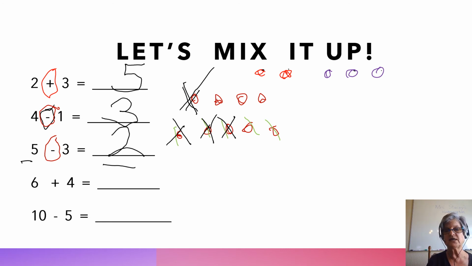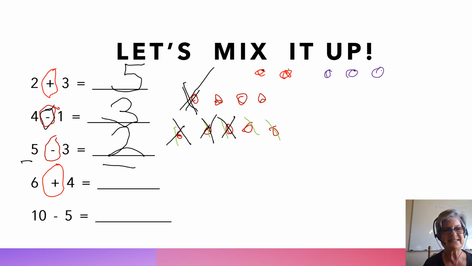We are almost done. Let's go to the next number. Next number sentence. Let's see if it's a subtraction or addition. First number 6. The next symbol is a T or plus. That means I add things together. So things are coming together.